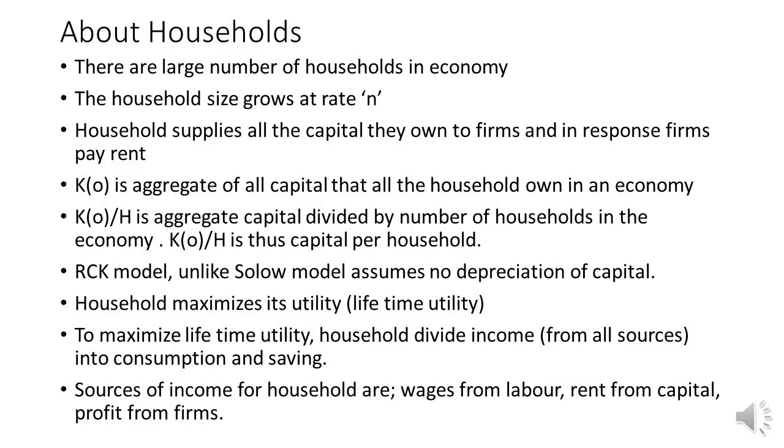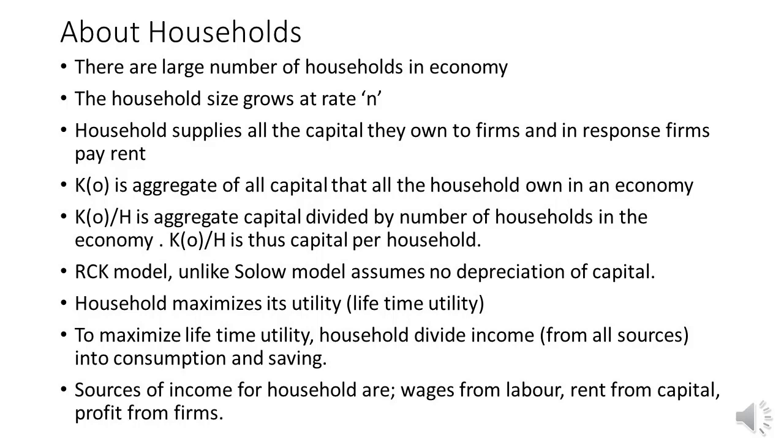Then we have K0 by H. This is simply a ratio of all the capital in the economy by the number of households. So this ratio is actually the average capital owned per household. The RCK model, unlike the Solow model, assumes no depreciation of capital. This is an assumption which is a distinction from the Solow model.